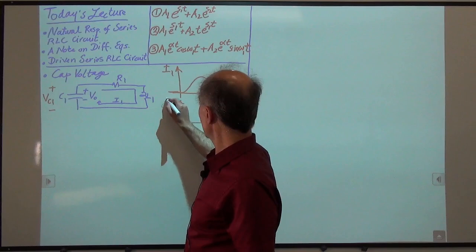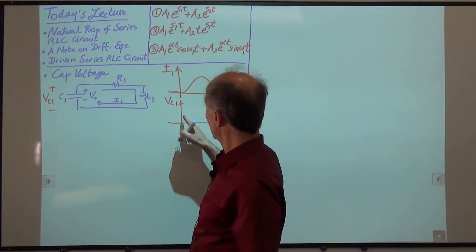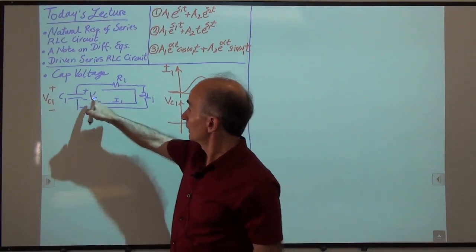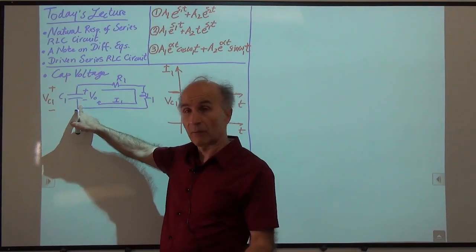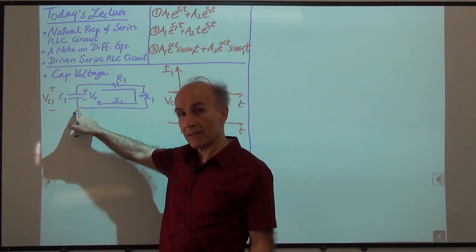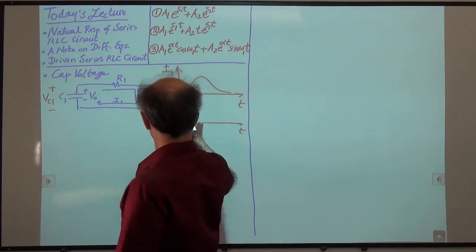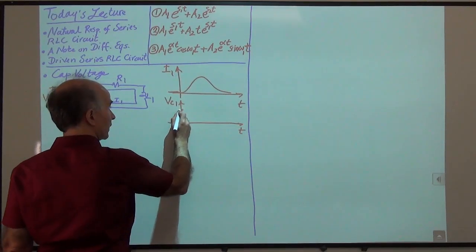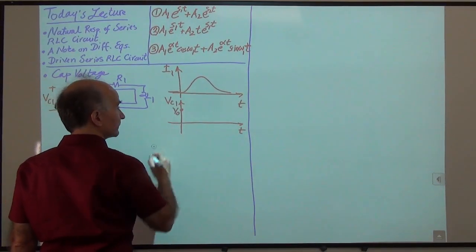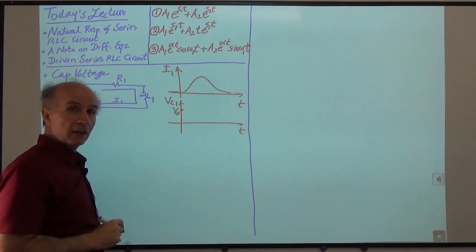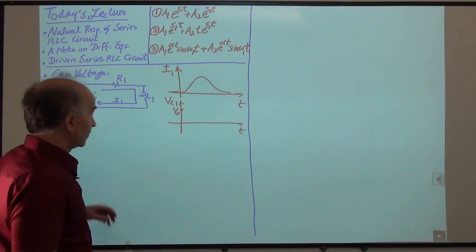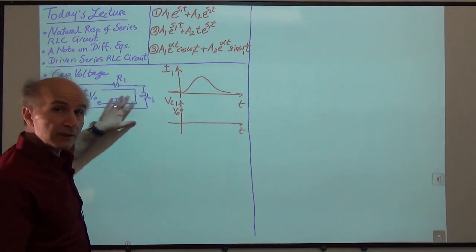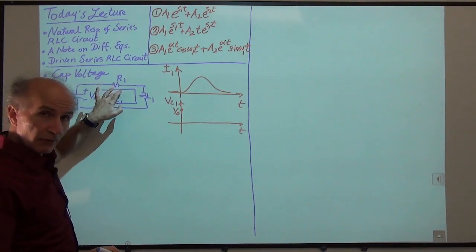At time 0 plus, right here, the voltage is still V0, right? We decided that the voltage on the capacitor cannot change instantaneously. So what we expect is that the voltage here is V0. And then at time infinity, this voltage is gone because all the energy in the system is dissipated in this resistor.